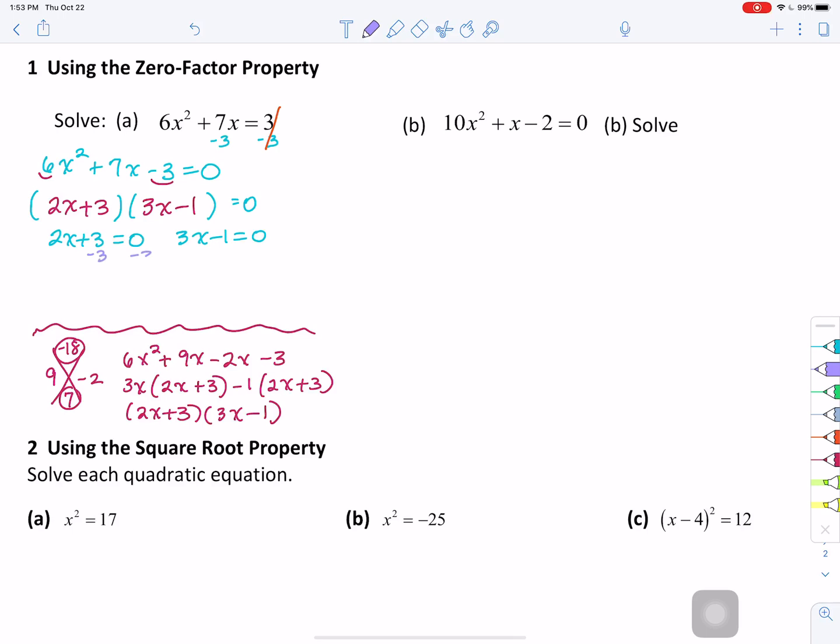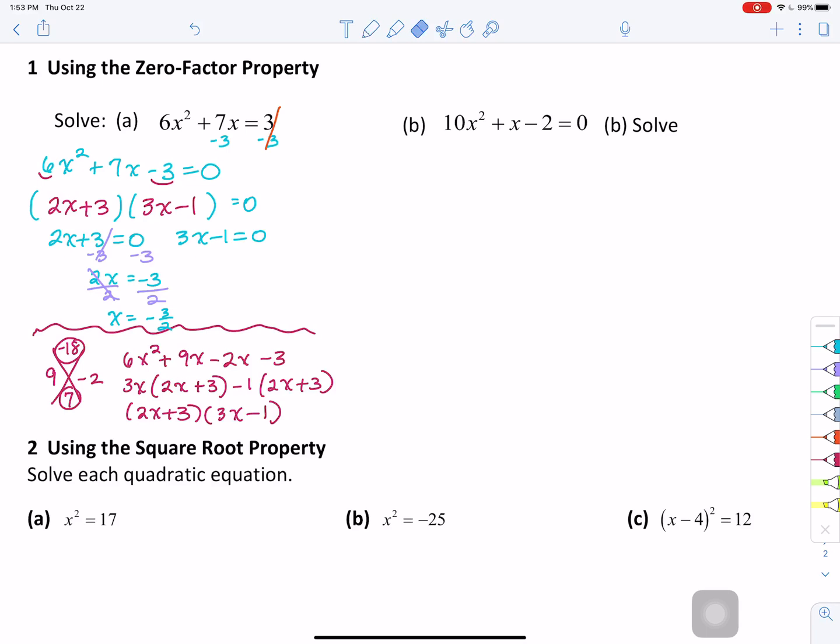Let's subtract 3 from both sides, and we end up with 2x is equal to negative 3. Divide both sides by 2, and we come up with our first solution, x is equal to negative 3/2.